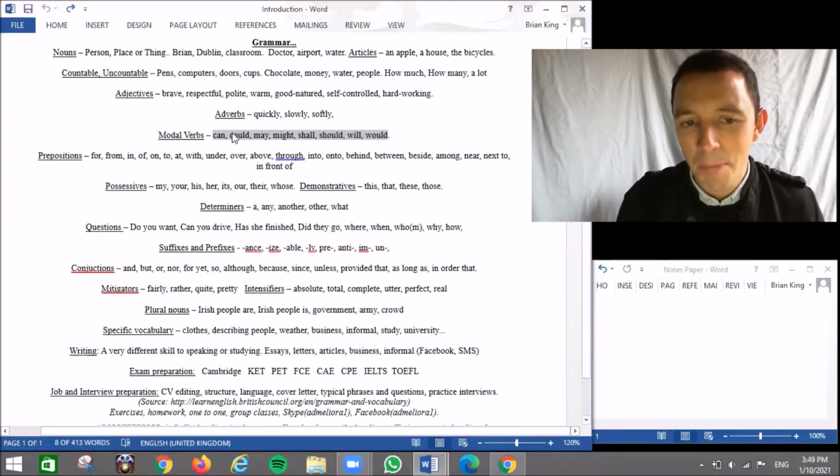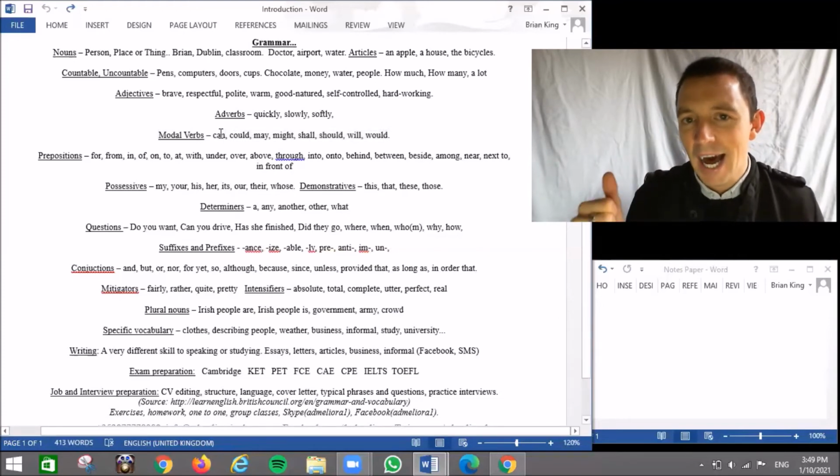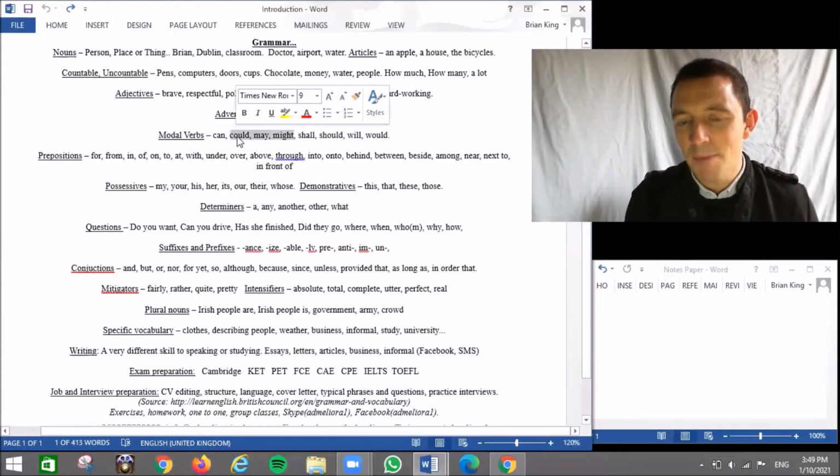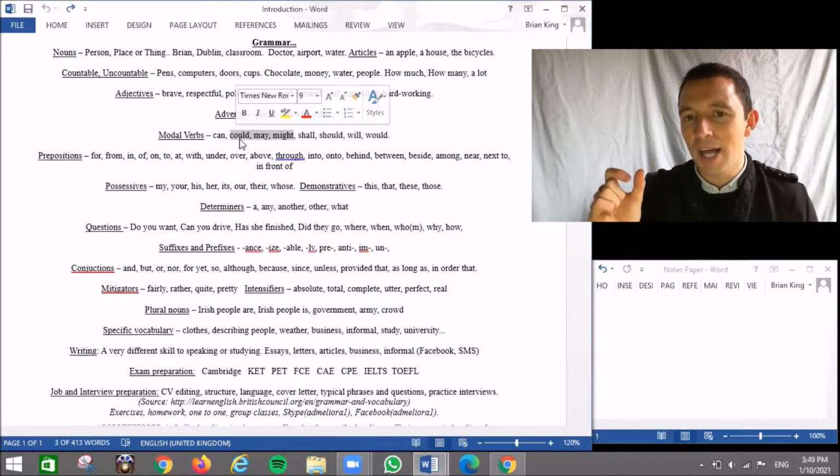And can is for ability. I can play the piano. I can is ability. Could is possibility. May is possibility, and might are possibility. Very, very similar. Could, may, and might. No real difference. Maybe just for the formal, informal, and the tone.